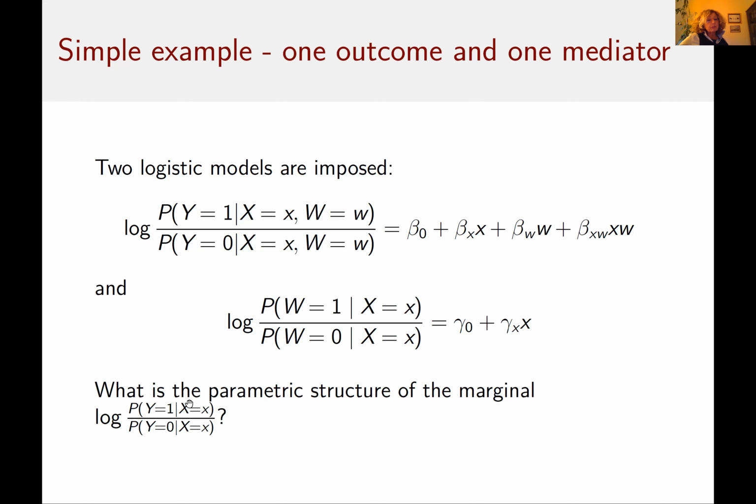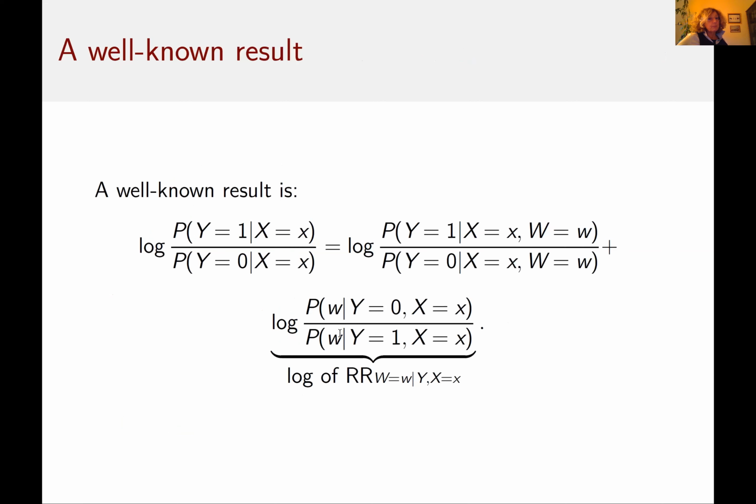And the question is, what is the parametric structure of the marginal logistic model? I mean, the one which is obtained after marginalizing over W. And this is a well-known result from first principles of probability. We know that the marginal logit is equal to the conditional logit plus the log of the relative risk of W when y varies in the distribution of w given x.